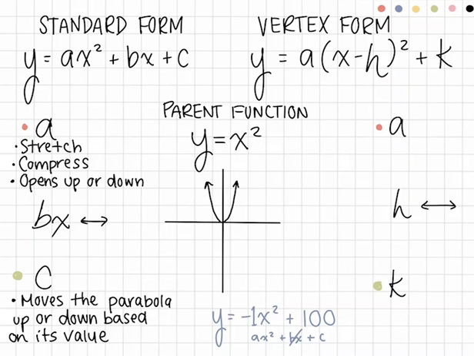So if it's negative, I know it's opening down. I'm basing this on the fact that you've watched the other video, that you know how a, h, and k work. It's opening down. And if I look at my c value, I know that that's the same as my k. k moves it up and down. c moves it up or down.